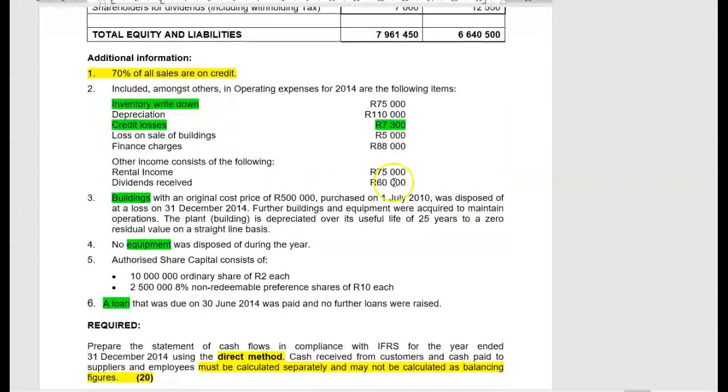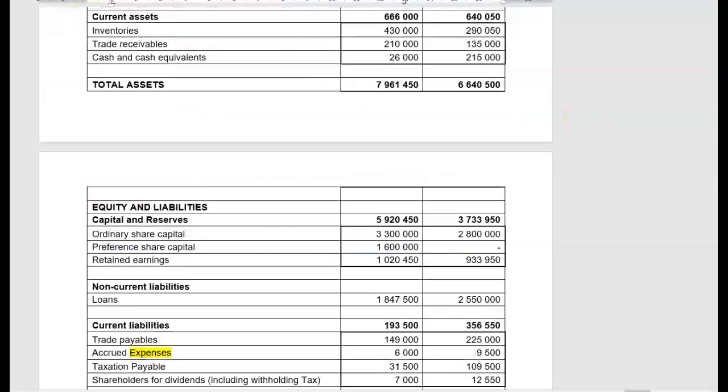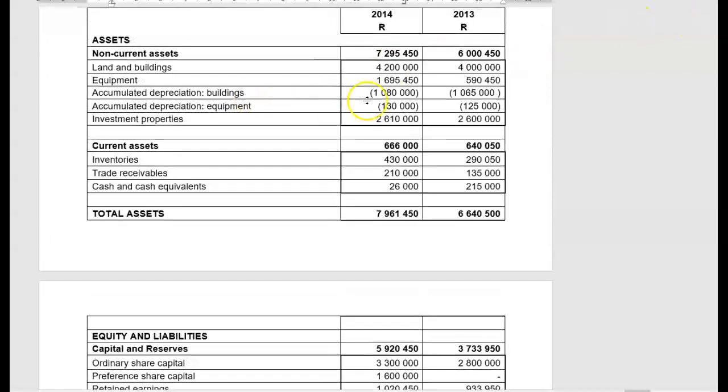Okay. Here in operating expenses, we had depreciation, which they gave us. They gave us a loss on the sale of buildings, and it seems to be all. Now they tell us buildings, so open up a T account, land and buildings.